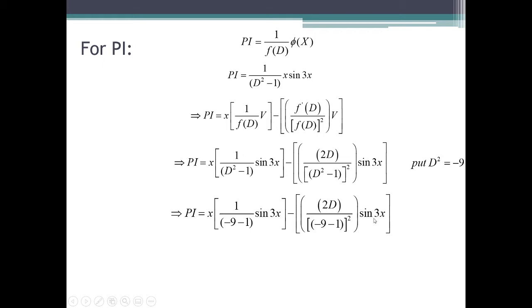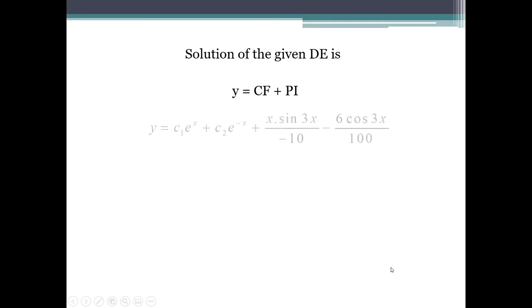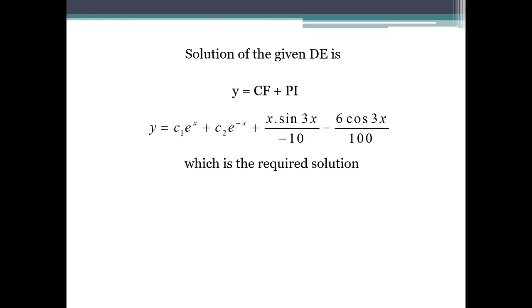Now we simplify the denominator term, and the numerator has D, therefore the derivative of 2 sin 3x is 2 into 3 cos 3x. Therefore here total 6 cos 3x, and the first value as it is. This is the required PI. Lastly, we write down the complete solution y equal to CF plus PI, which is the required solution. In this way, we solve the problems of the fifth case.